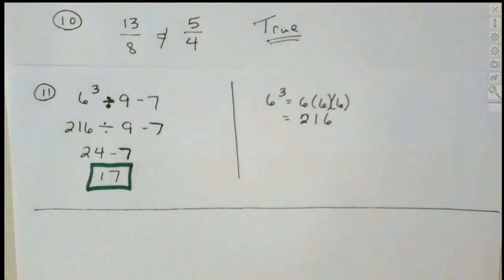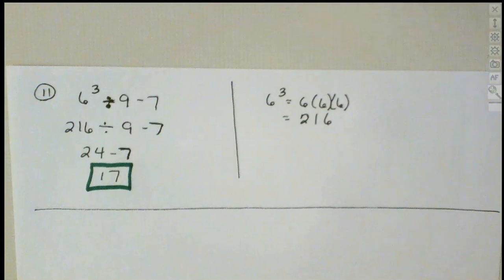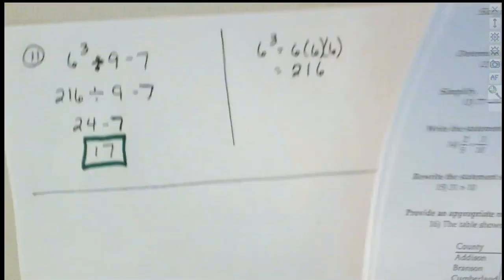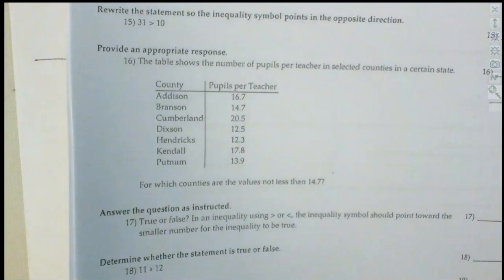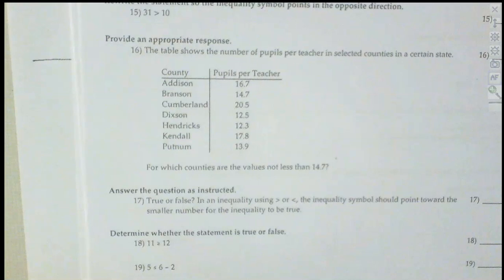Question 16. We've got a table. So here's our table, and we need to see what we're looking at here. It says, for which countries are the values not less than 14.7?